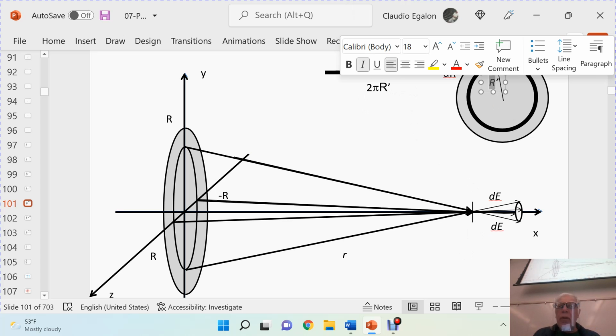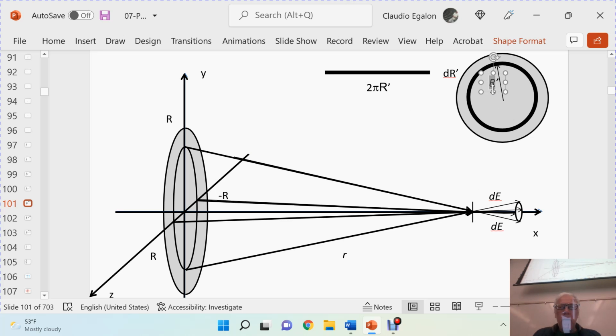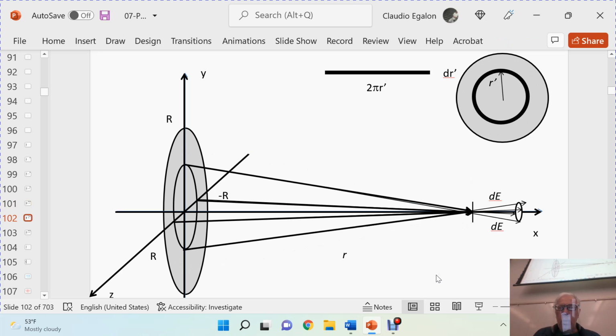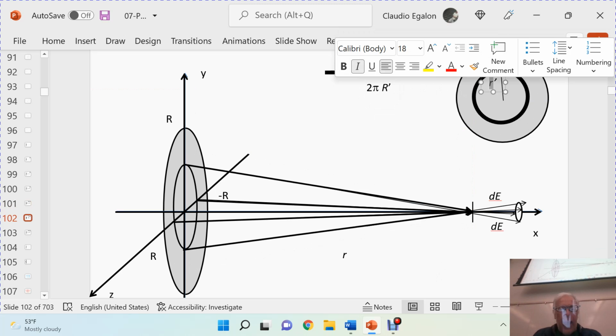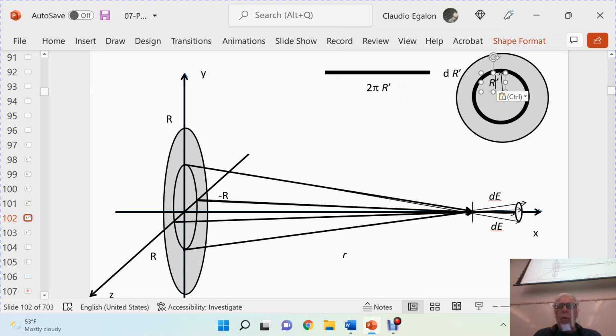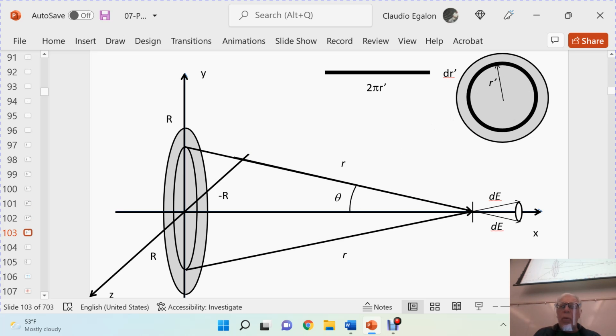Let's make sure we change everything. Big R prime here, big R prime here. The big R is a constant, but R prime in our problem is a variable.